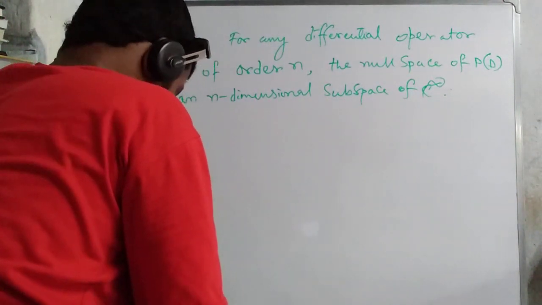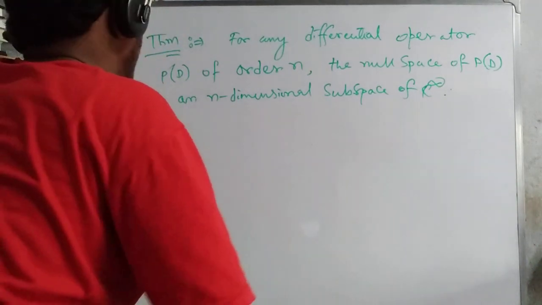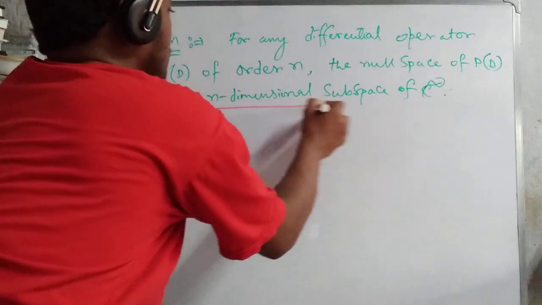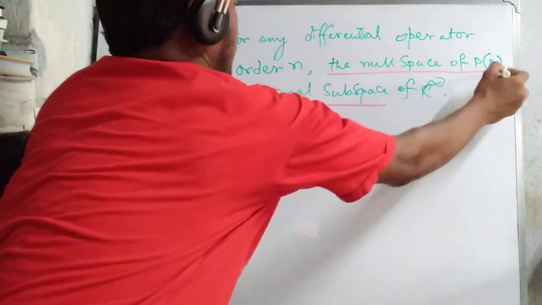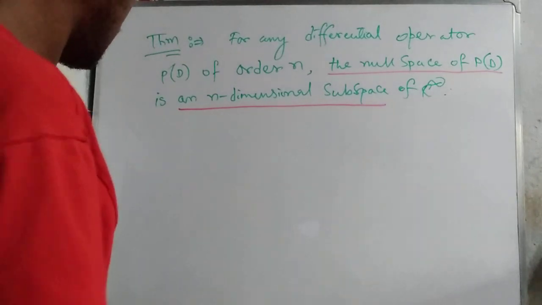Then I think we stop here. The null space of PD is an n-dimensional subspace of C infinity.